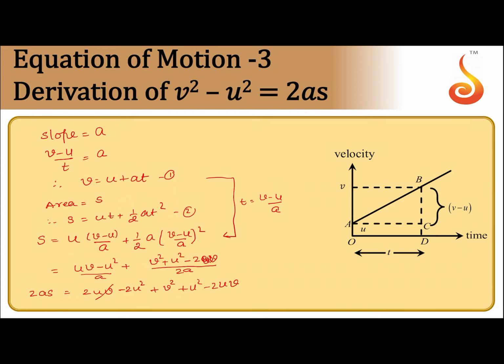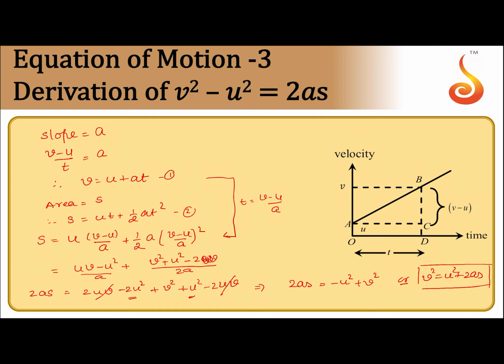So, this and this cancel and what do we have now? 2as is equal to u square minus 2u square minus u square plus v square, or v square is equal to u square plus 2as.